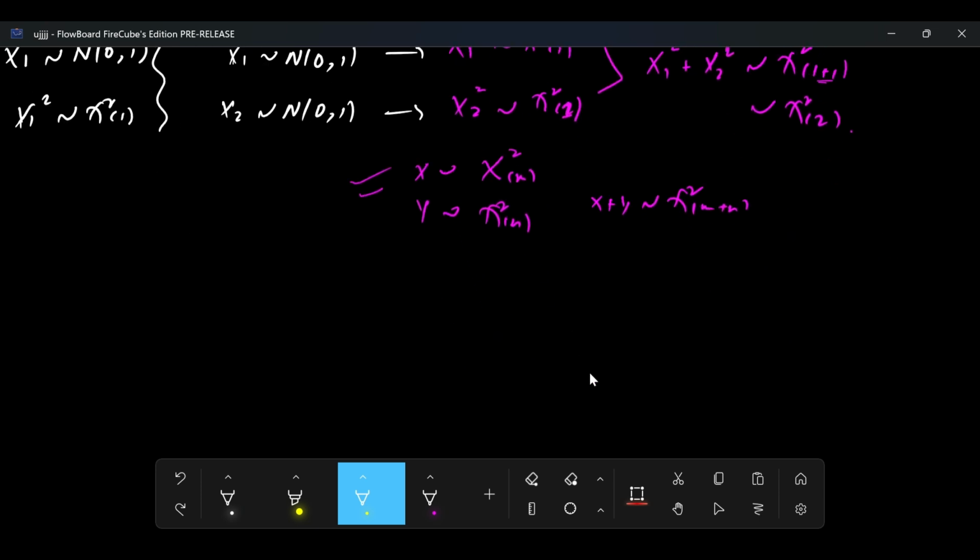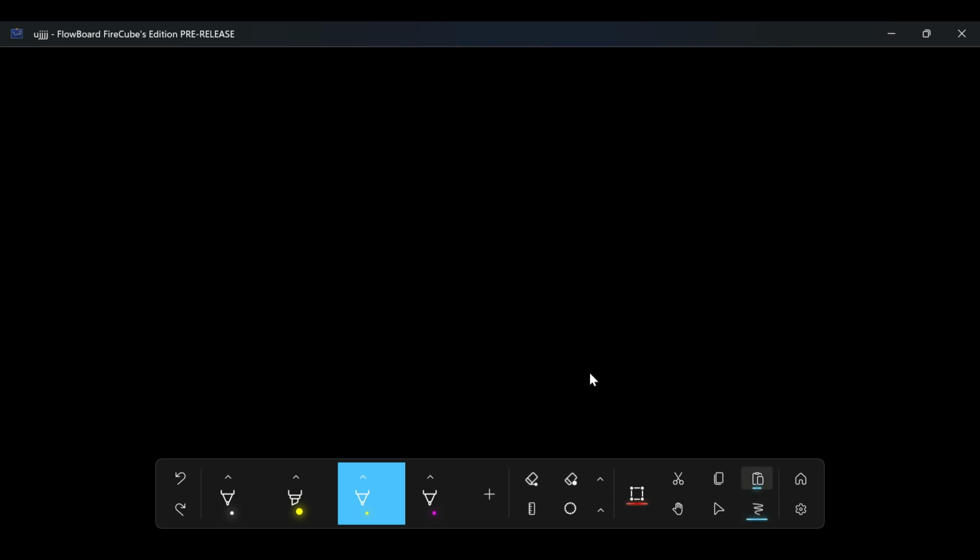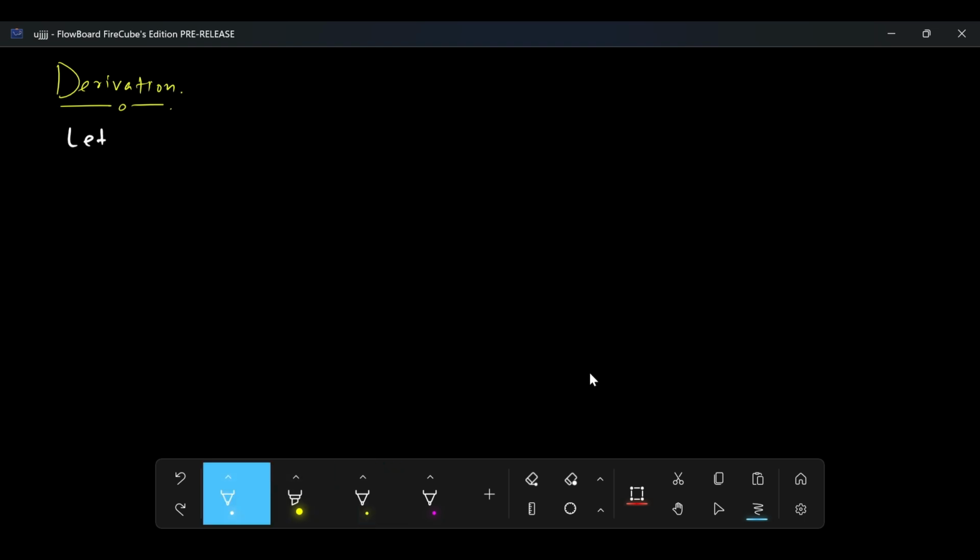So now the derivation of chi-square. The derivation of chi-square is most important for you. Let xi, i is equal to 1 up to n, be independent normal mu i, sigma i square.